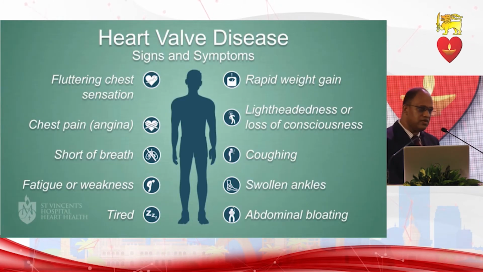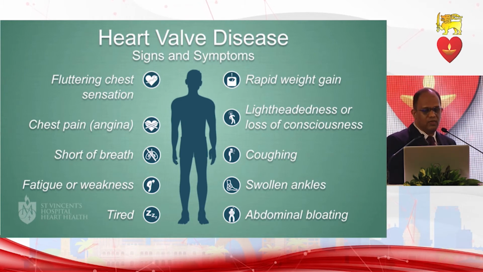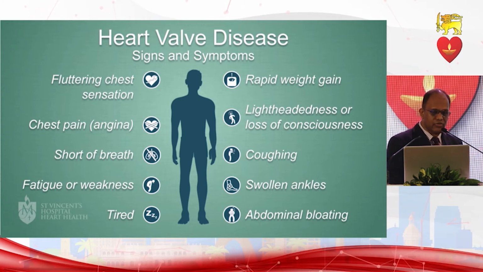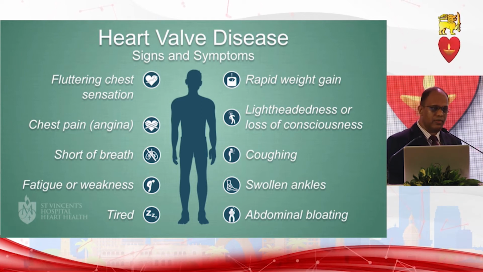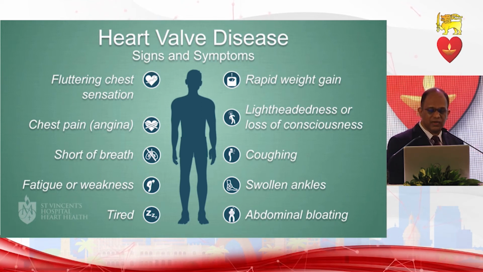How does a patient present with valve disease? What are the common symptoms and signs? Sometimes the patient comes with chest pain, shortness of breath, or arrhythmia. They'll tell you my heart is pounding, or they may come with tiredness, leg edema, coughing, and features of heart failure.